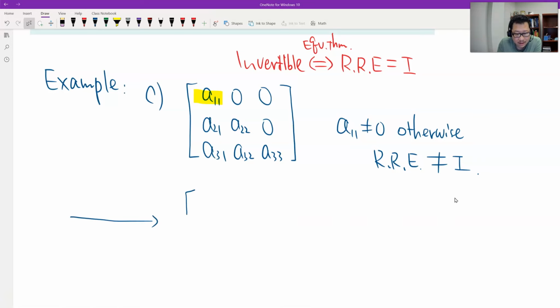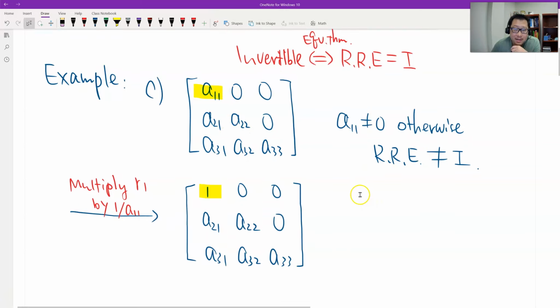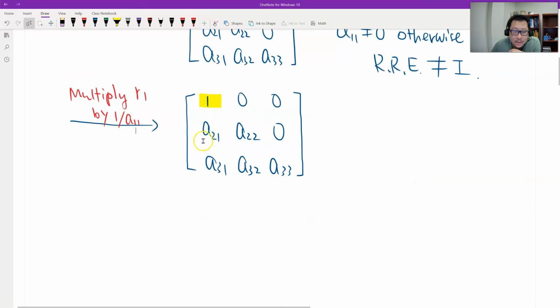Let me make A11 into 1 first, by multiplying the first row by 1 over A11. Because A11 is not 0, I can definitely make this into 1.